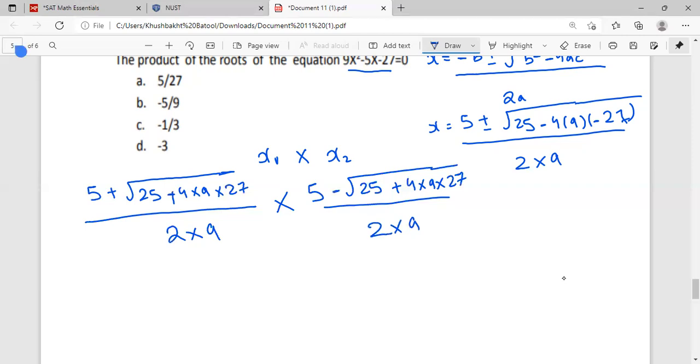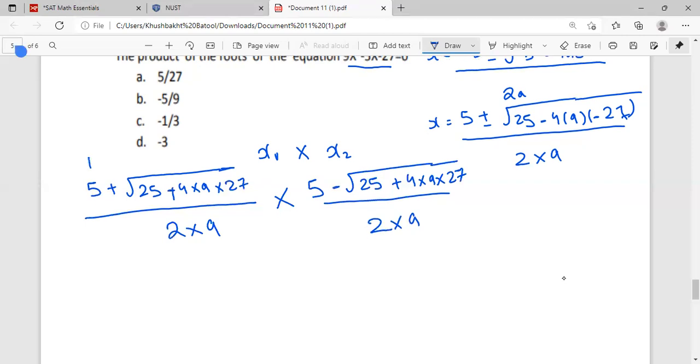Now, this is A, this is B, this is A, this is B.